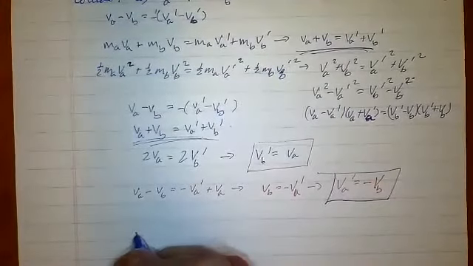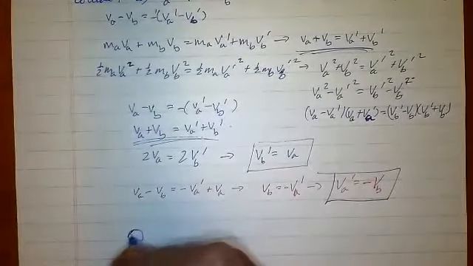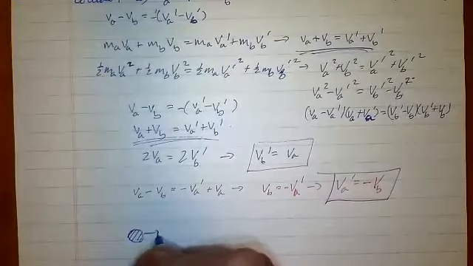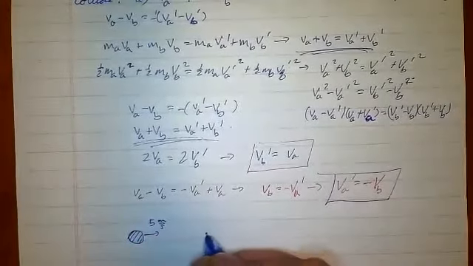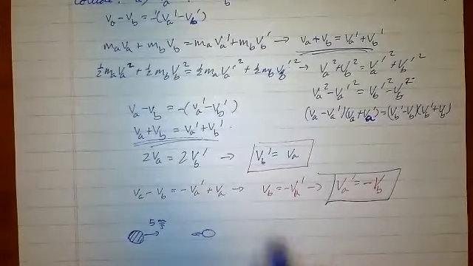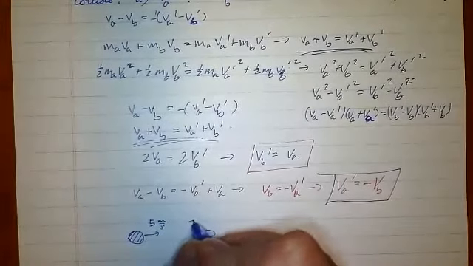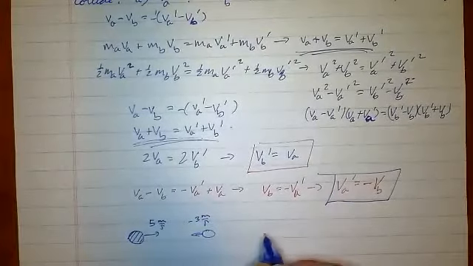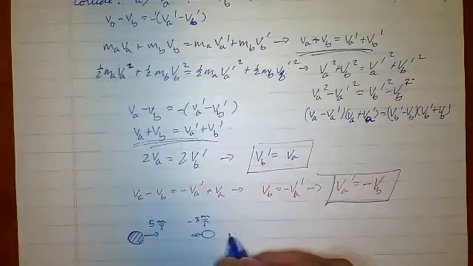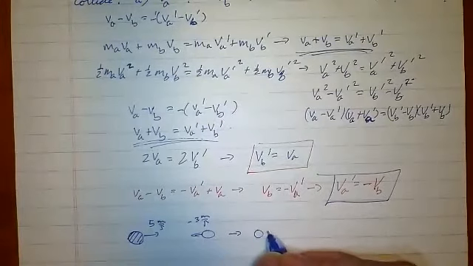So if you have, for instance, a ball moving with a velocity of 5 meters per second and another ball moving with a velocity of, say, negative 3 meters per second, then boom, they collide.